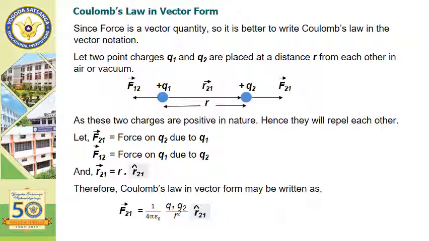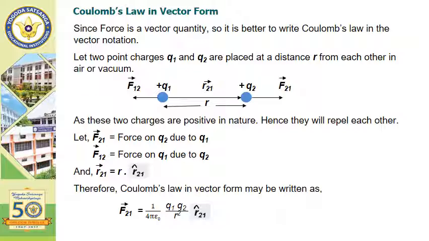In opposite to that, there is F12, which is a force acting on charge Q1 due to the charge Q2 in the opposite direction. And there is a position vector r21, which is representing the distance of charge Q2 from charge Q1, as well as showing the direction. This direction is similar to the direction of force.